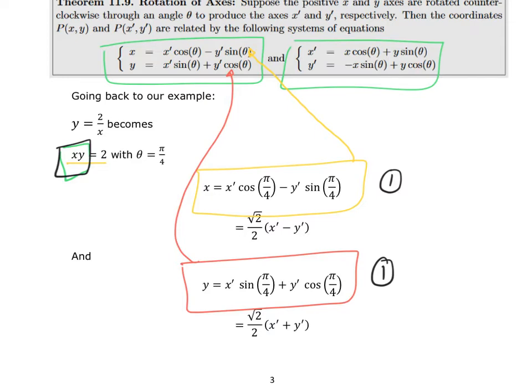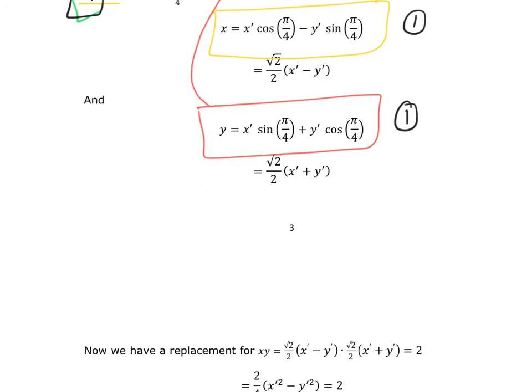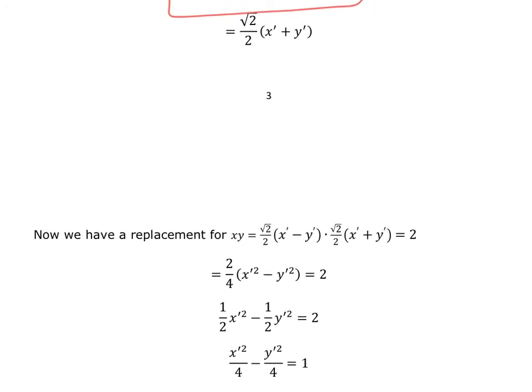Do you have any questions for me so far? So once I've got these two values for replacement for x and y, I put them back in there. So this replaces x, and this replaces y.